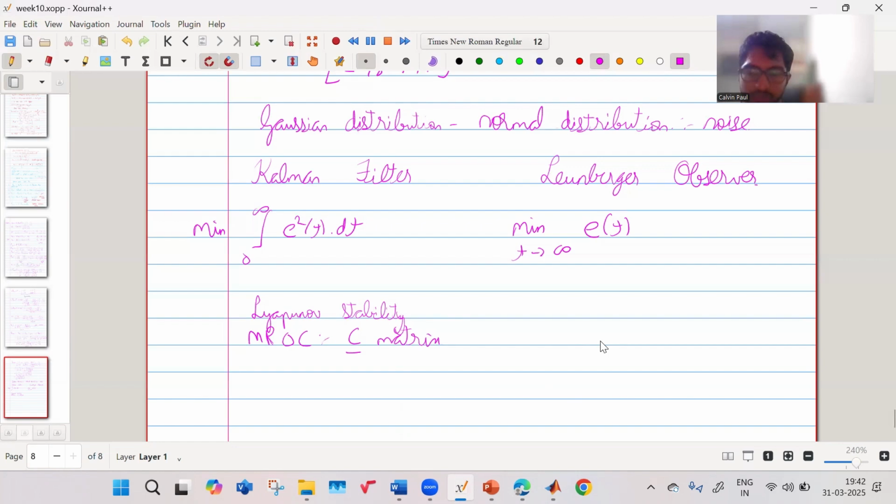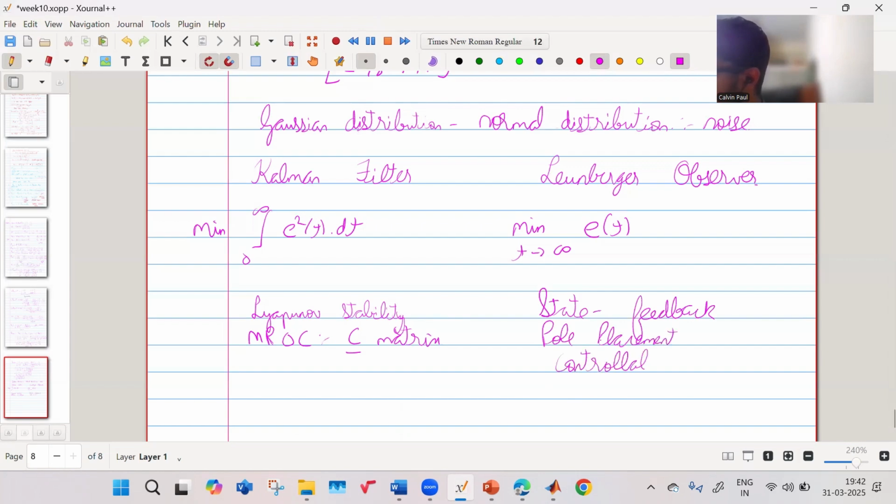Things which you feel were really important to discuss. Consider these basic things like state feedback. This should be very, very clear. State feedback, pole placement, controllability, observability.